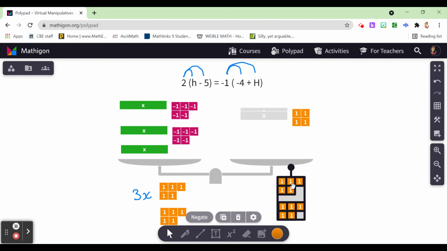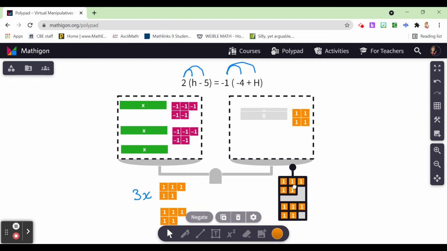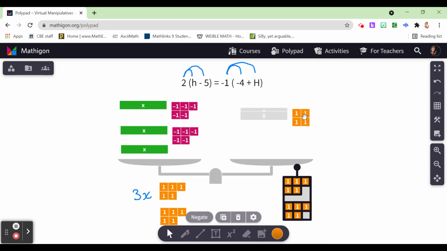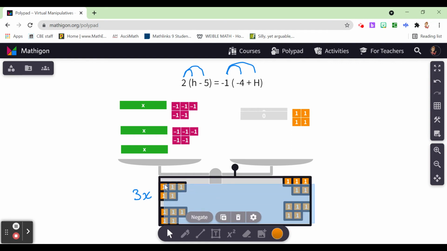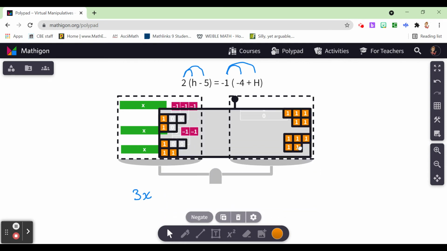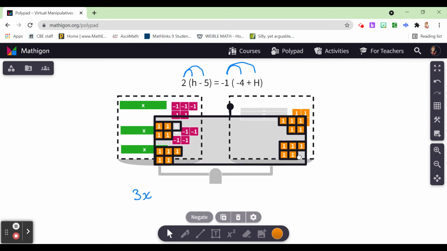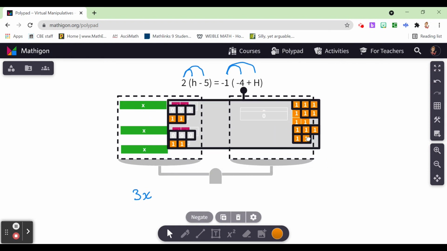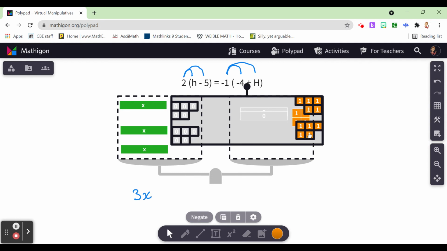Okay, and when I do, I'm going to be putting it over top of these 4s. So I'm just going to move this like this so that when I put them on, they overlap. Okay, so now I'm going to go ahead and add to both sides. Okay, so I'm adding to this side here, and that's, oh no, it doesn't negate it because they're both positive. Never mind. Okay, so I'm adding it to both sides.